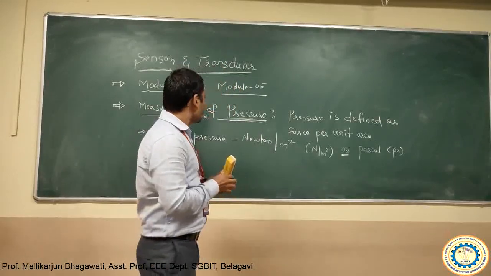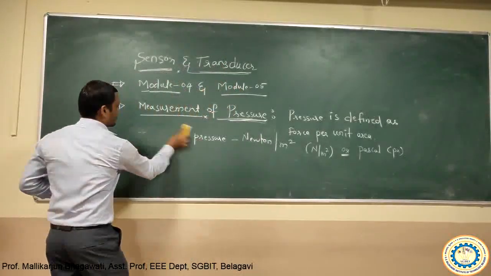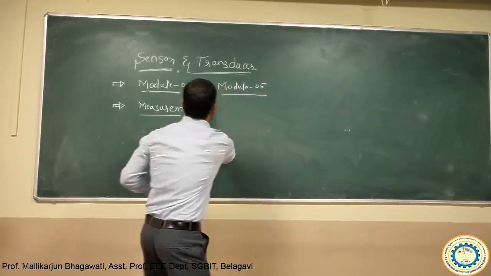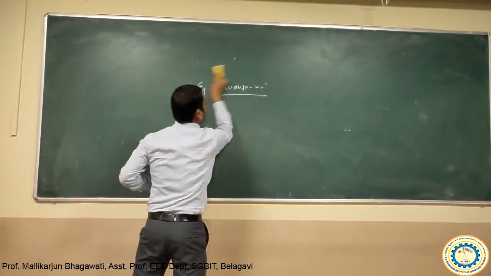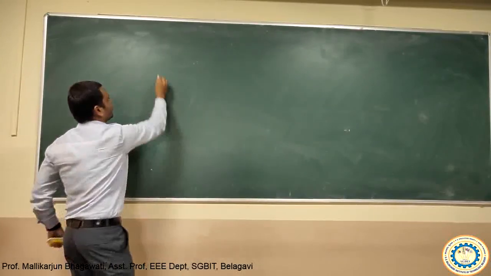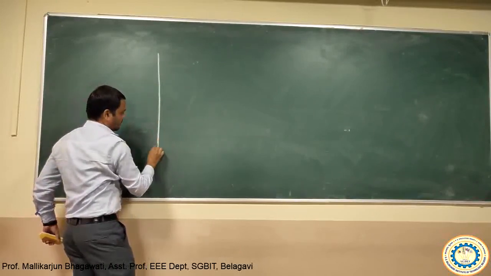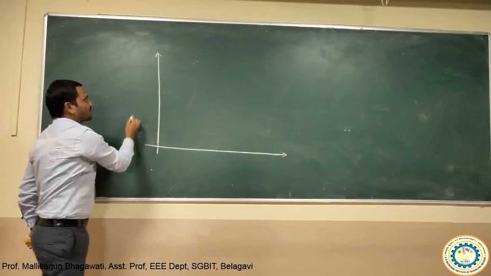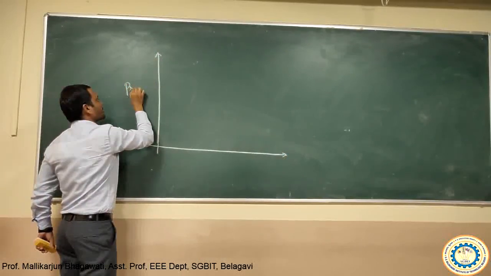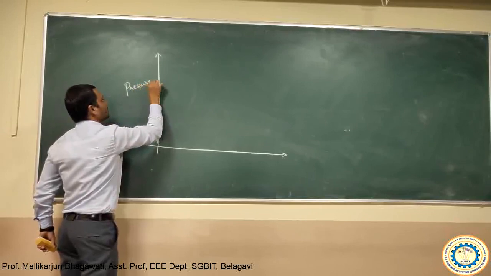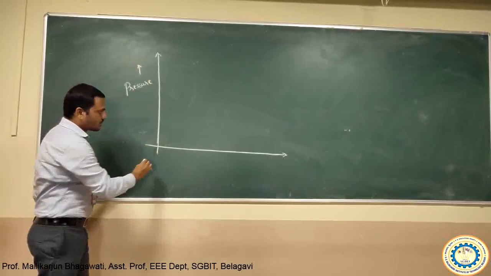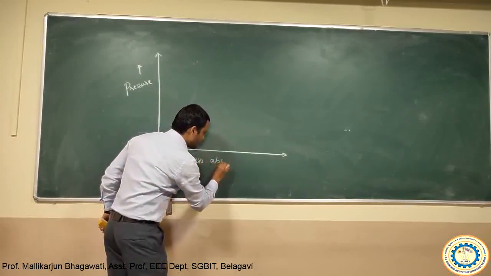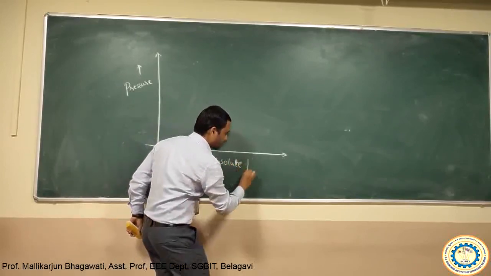So we will draw one graph. The y-axis we call pressure, and the x-axis line we call zero absolute pressure.